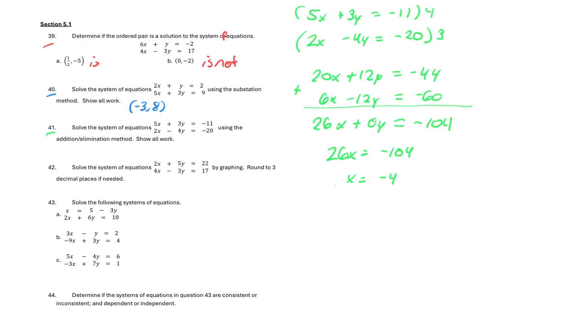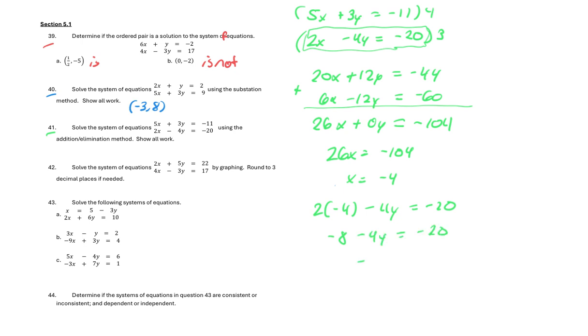Now we need to plug that into whichever equation looks easier, I'm going to choose this equation. So we get 2 times -4 minus 4y is equal to -20, or -8 minus 4y is equal to -20.